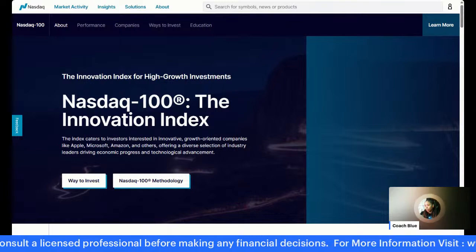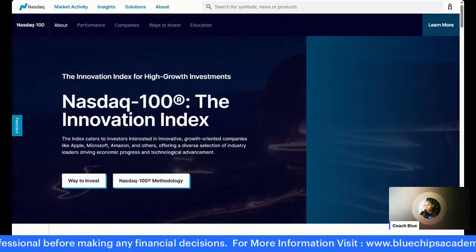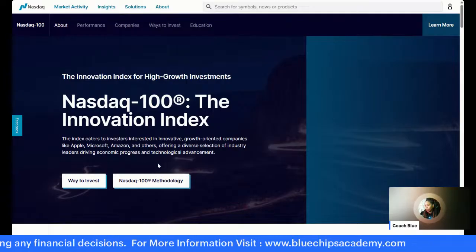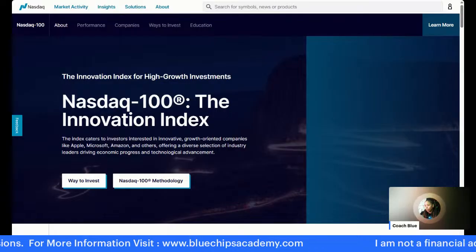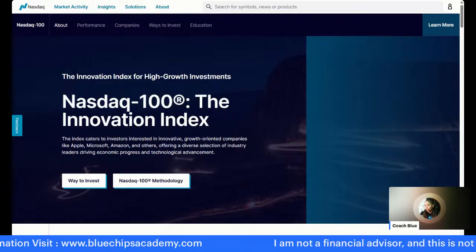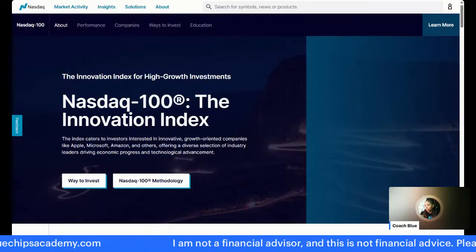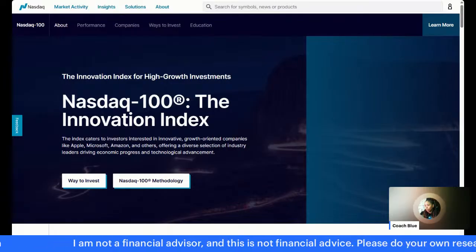Okay, so the NASDAQ is basically an index that caters to investors interested in innovative, growth-oriented companies like Apple, Microsoft, Amazon, and others, offering a diverse selection of industry leaders driving economic progress and technological advancements.